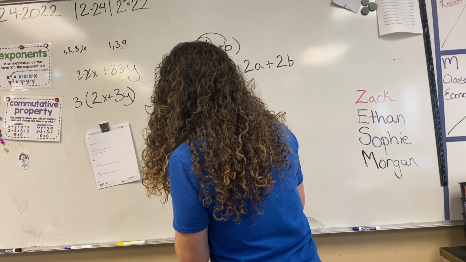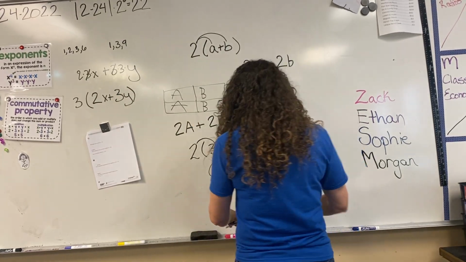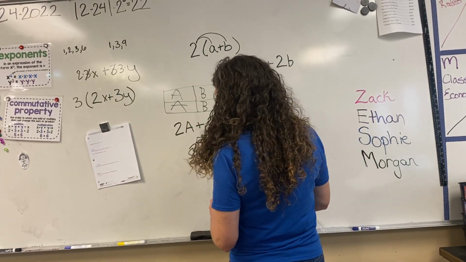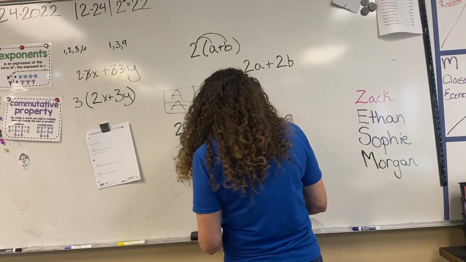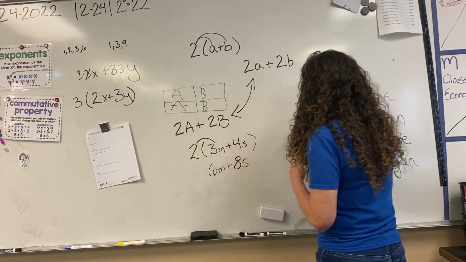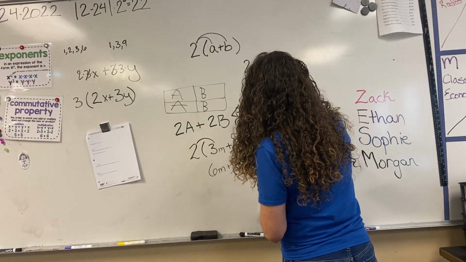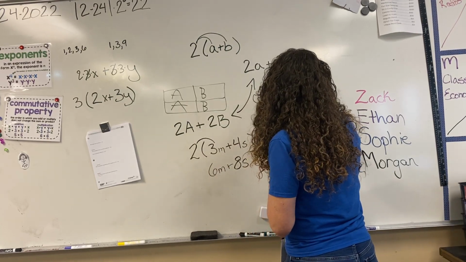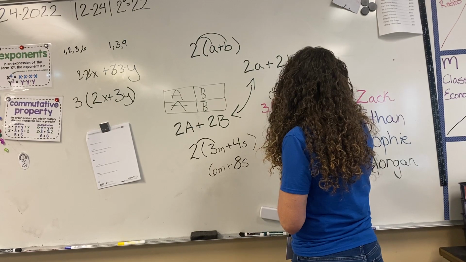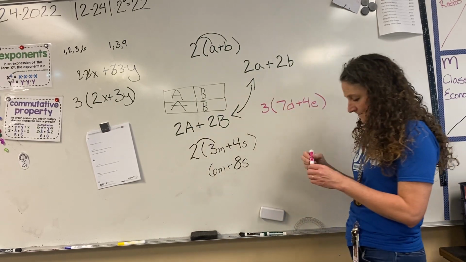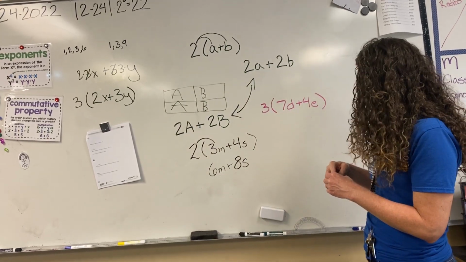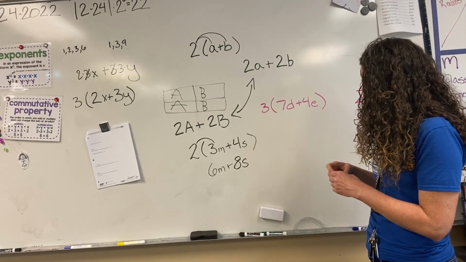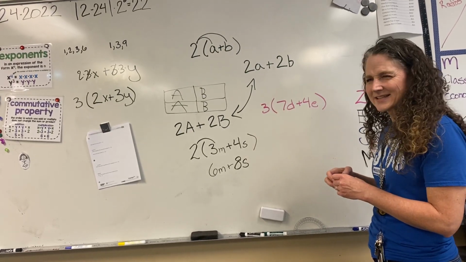So let's do example 4. We're gonna do 3 times 7D plus 4E. What?